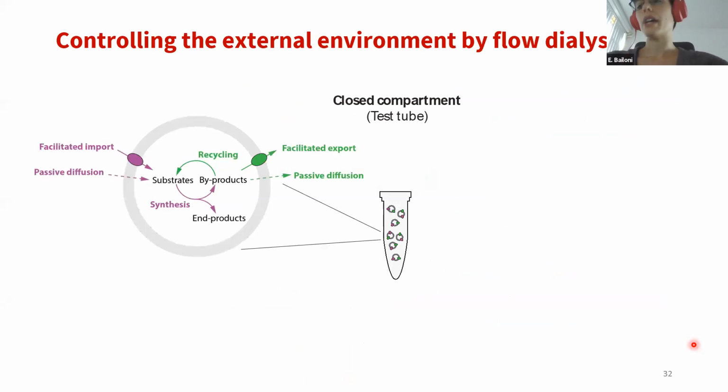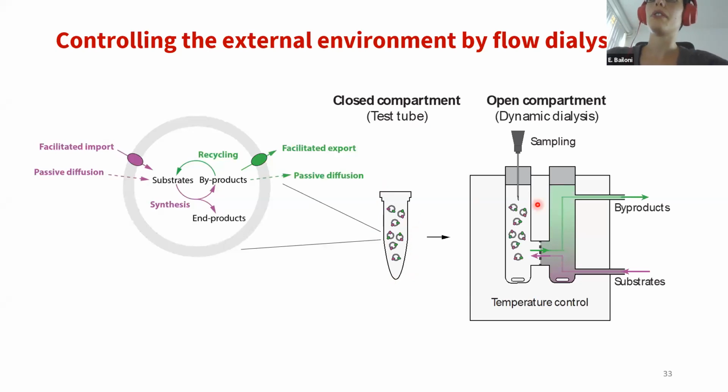So to better explain what we had in mind, I have here a picture of our sustainable minimal metabolism that is placed into closed compartments, so a test tube. And now what we wanted to do was to develop a technology where the vesicles could rather be placed into an open compartment.